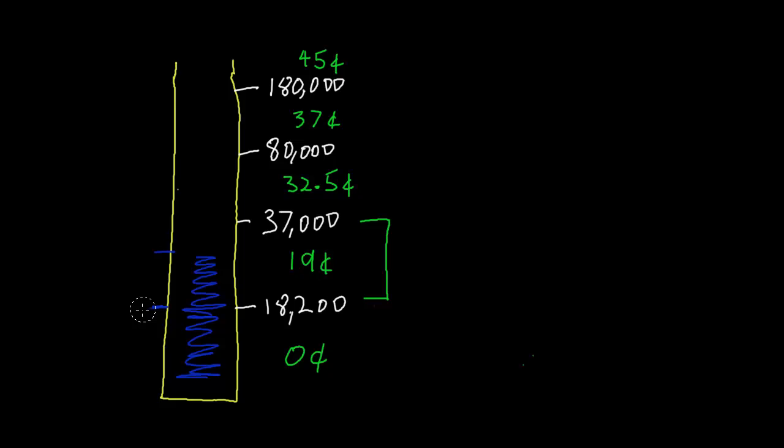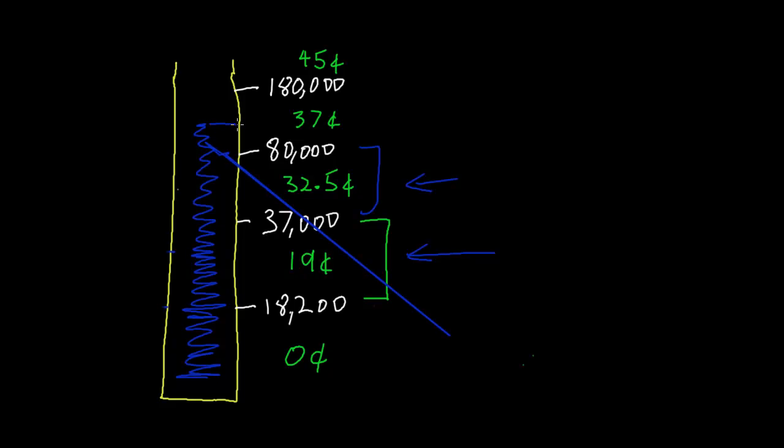So as we move up, we keep getting more and more money into different categories. It's really important to remember that if we get up around $85,000 as your income, you only pay 19 cents on the dollar for the money that falls in this bracket. Then in this bracket, you pay 32.5 cents on the dollar, and for the little gap between here and here, it's 37 cents in the dollar.